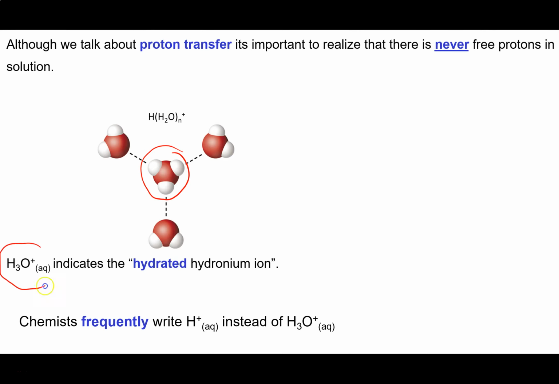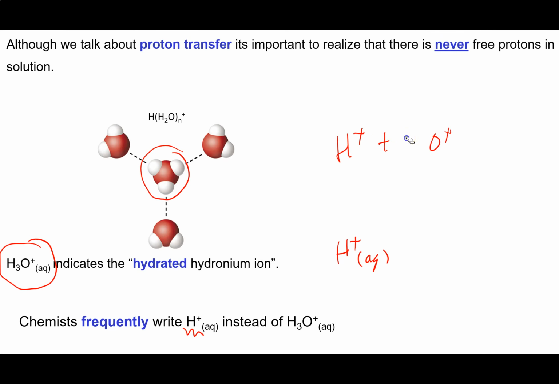We always have what we call hydrated hydronium ions. We never have just plain old hydrated protons, even though we might talk like that. So it's important to recognize that we frequently will write H+(aq) instead of hydronium ion, because they kind of do mean the same thing, and we get to save a couple of characters.